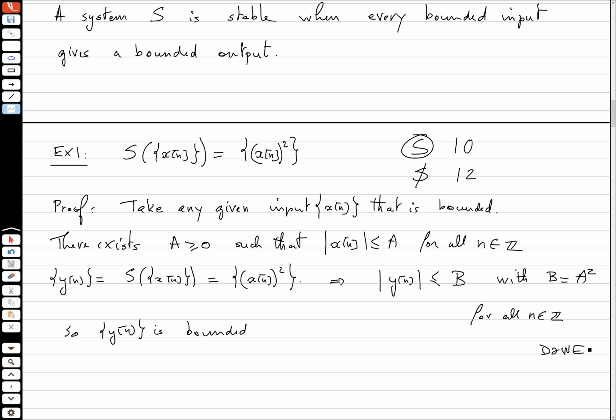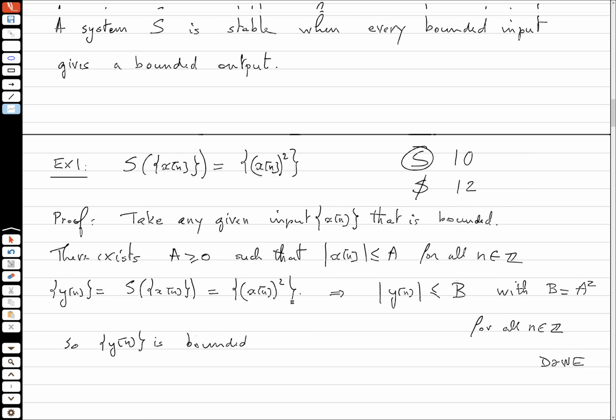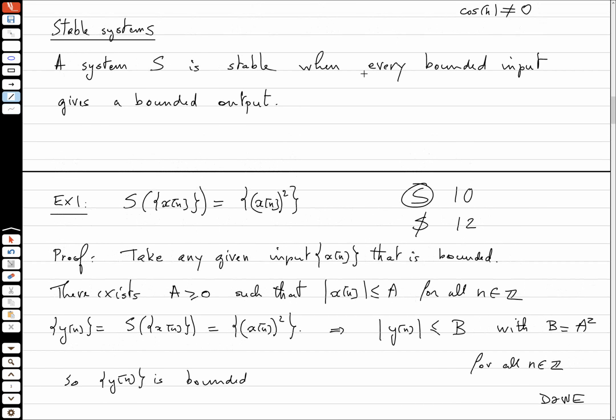Yes? The stable system is at one. The first stable system where you put one input that is bounded, it gives you a bounded output. But there's another input that is bounded, it gives you essentially another output. No, there's no reason.